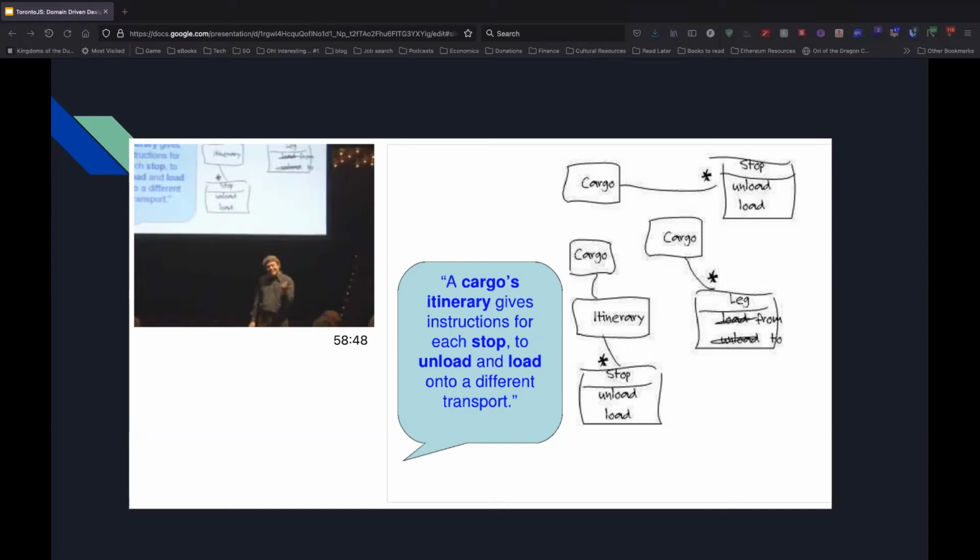Cargo. A shipment is just a cargo with a series of stops where the cargo can be unloaded and loaded, or a cargo can be a series of what he calls, or the audience calls, legs, where it determines from where the cargo is sent and to where it's sent, or a cargo is something that has an itinerary, which in itself consists of multiple stops where the cargo can be unloaded and loaded, right?